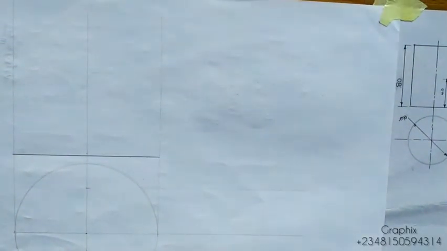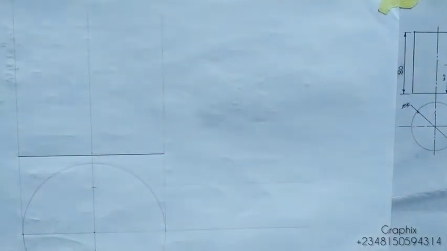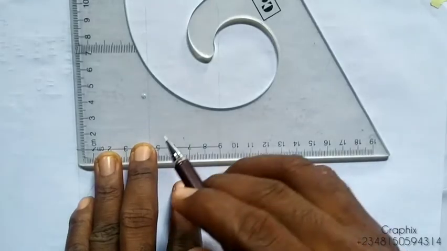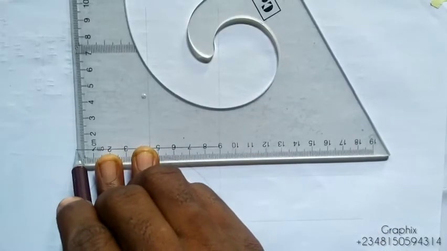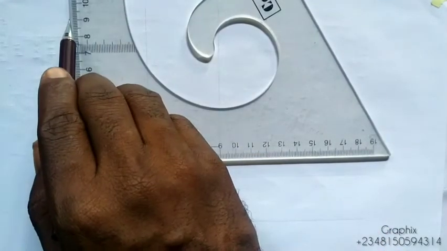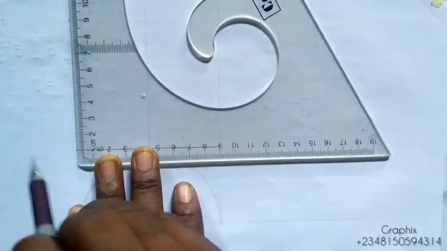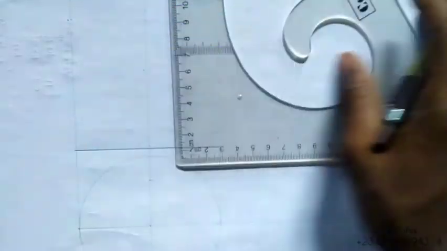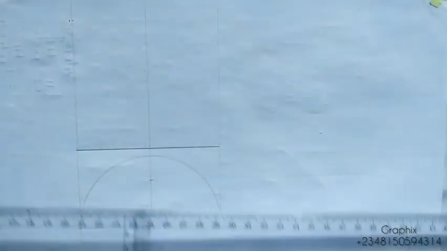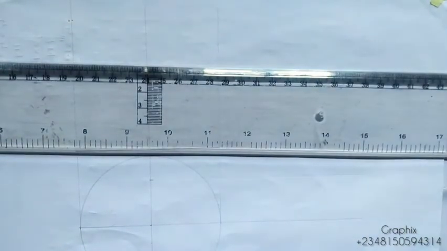I am going to measure the distance from this point here upward. From that baseline, I'm going to measure 80, so I'll stop at 9 since I'm starting from 1. So this is 80 here, and I'm going to join it to this point here.